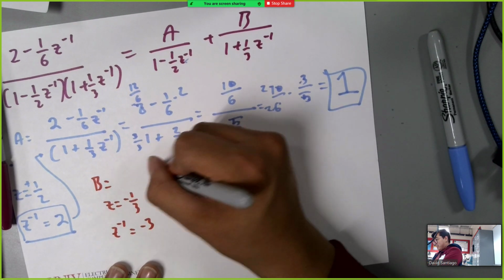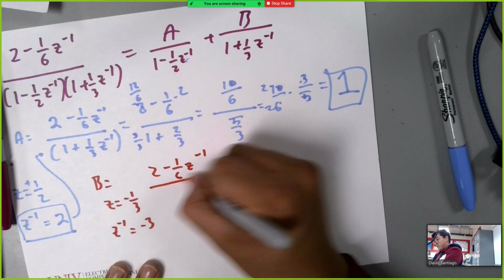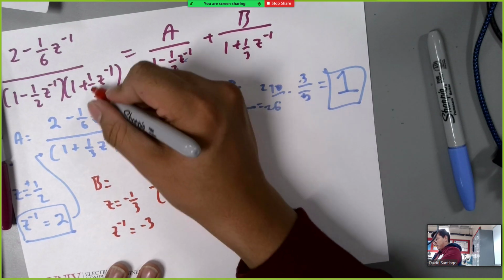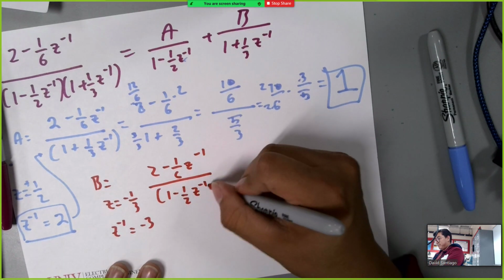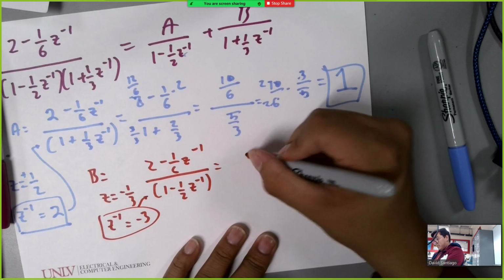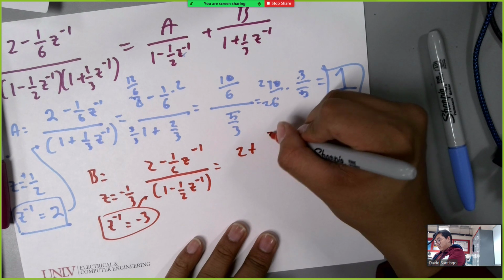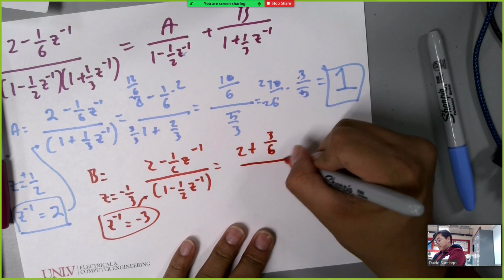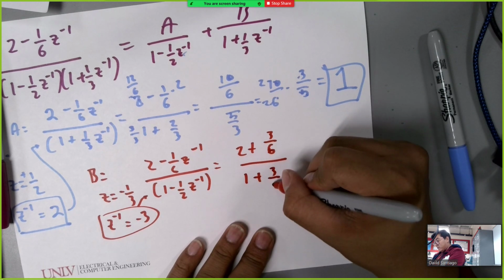So rewriting all this, 2 minus 1 over 6 z to the minus 1 divided by, remove that pole, 1 minus 1 over 2 z to the minus 1, is equal to 2 plus 3 over 6, over 1 plus 3 over 2.